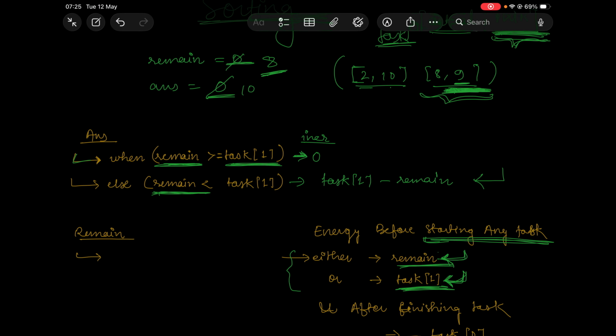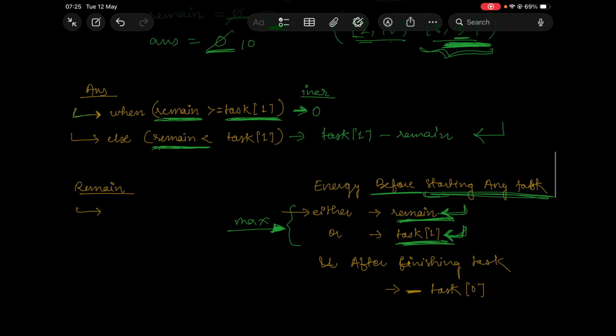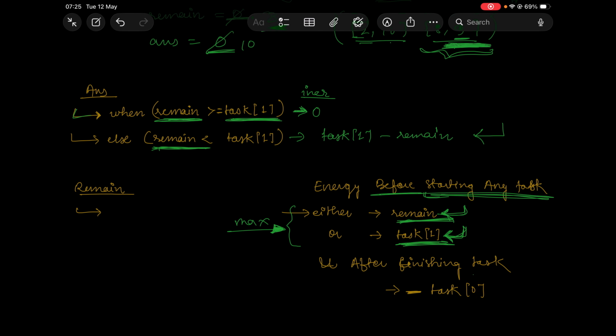Now, if the remaining is greater than the minimum required, then we have the remaining in our hand to start. So I can say that the max of these two will be the energy with us before we start any task. Now after finishing any task, what gets reduced from our energy?